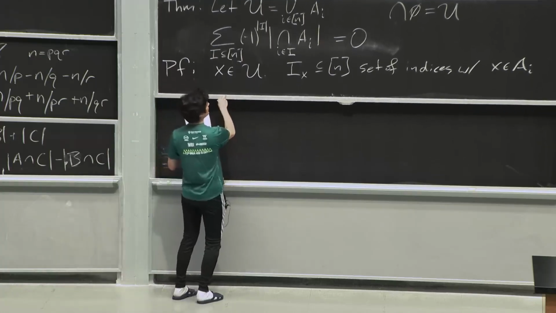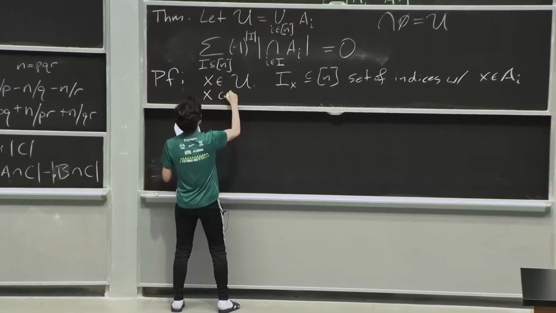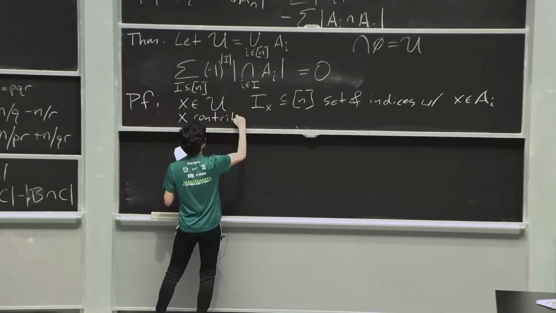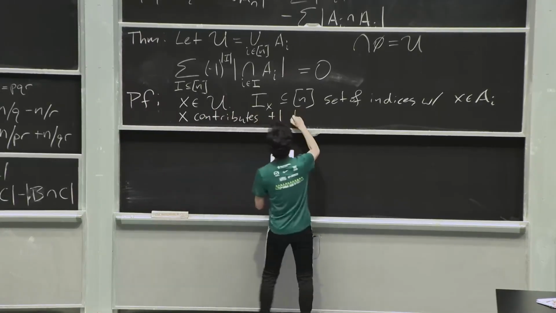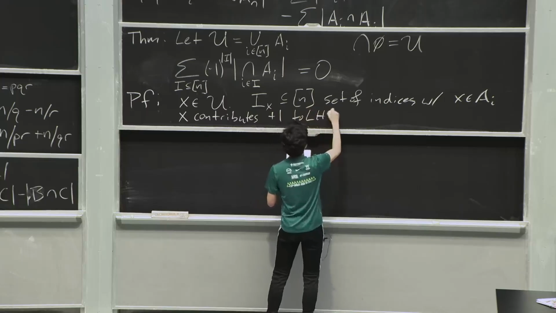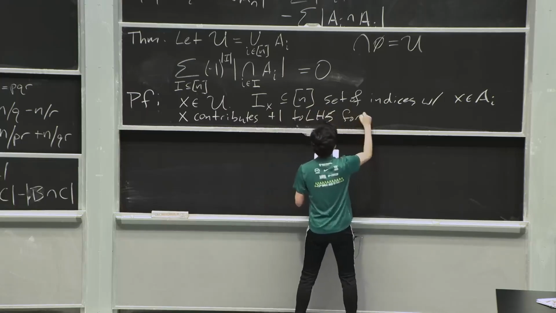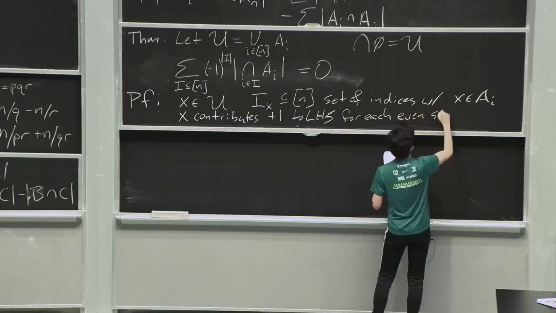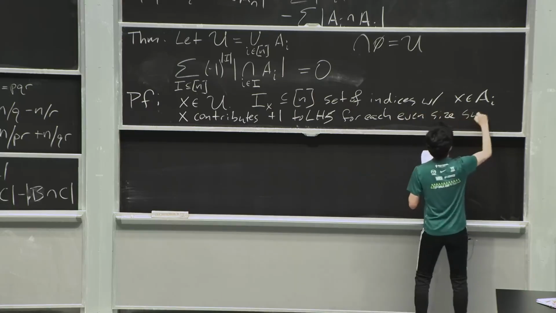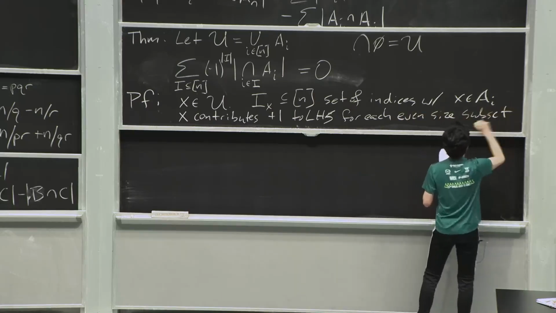So x contributes +1 to the left-hand side for each even size subset of I sub x.